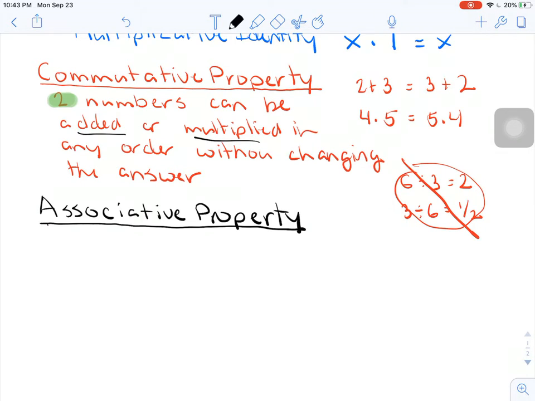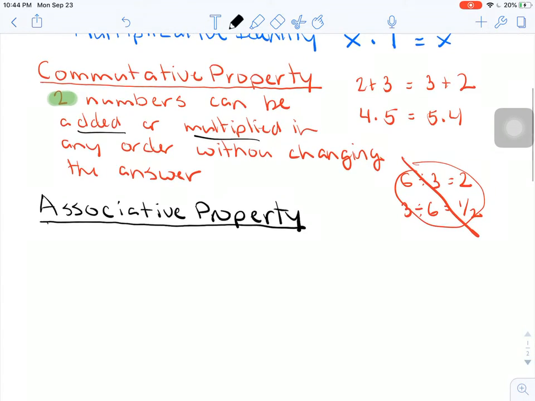If we change the way the numbers are grouped, basically what we're doing is we're changing the order of addition or multiplication, which is what commutative property does with two numbers. So associative property, again, says when we're adding or multiplying, just like commutative property.